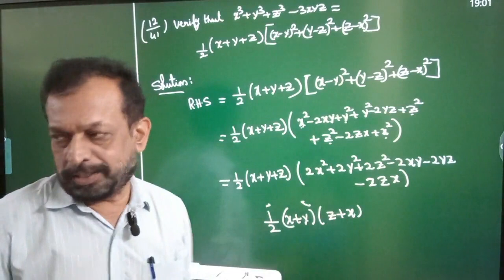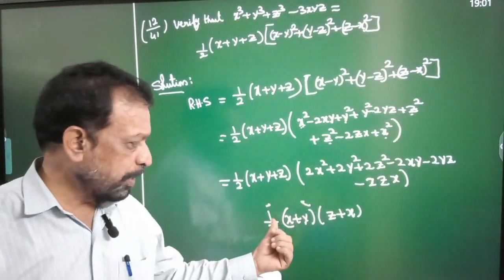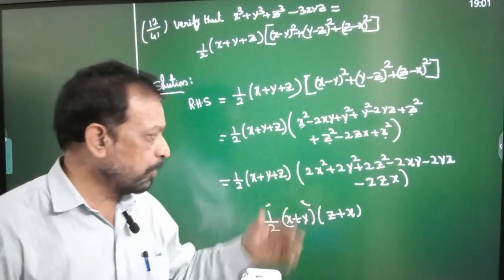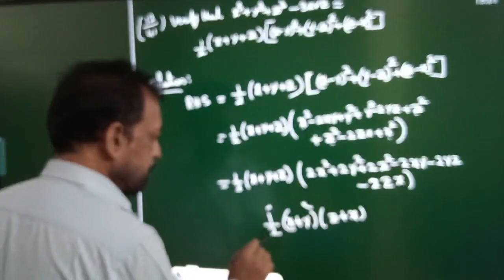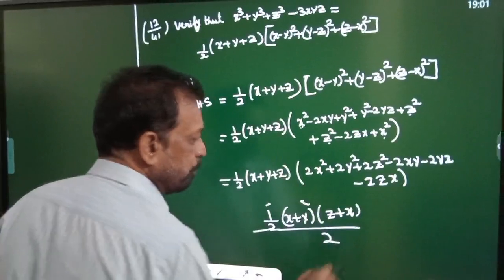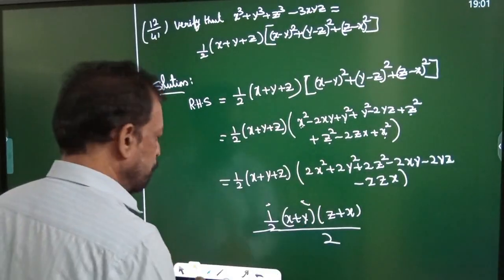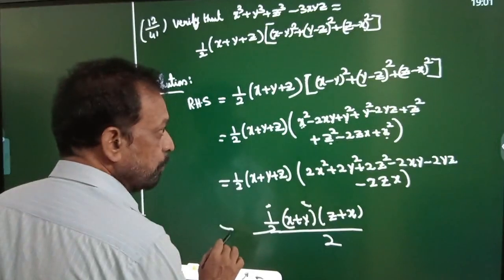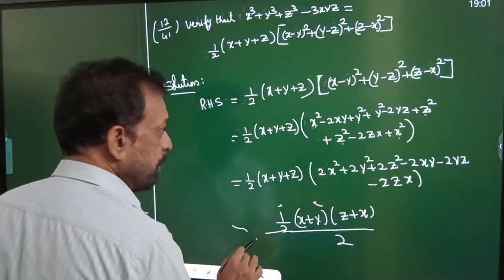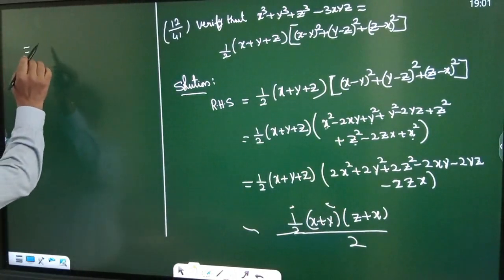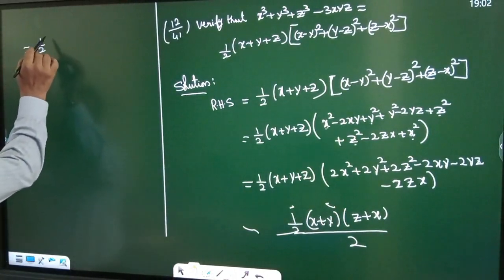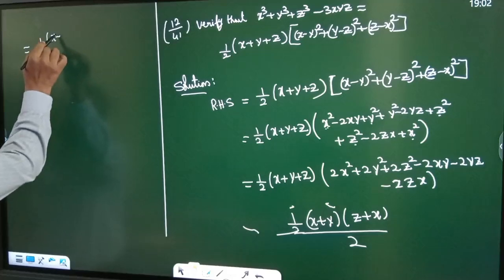Totally divided by 2 only. So you can take this one or this one, no problem, or the entire thing. So whole divided by 2. So take 2 common out. Now if you take 2 common, that is equal to 1 by 2 into x plus y plus z.